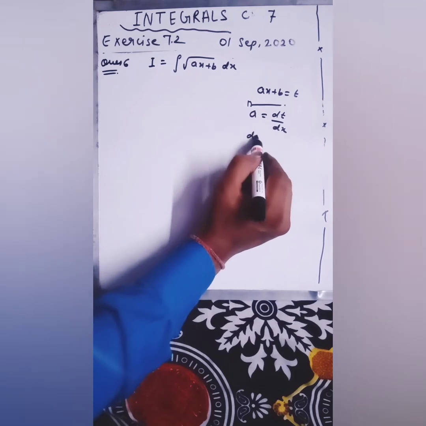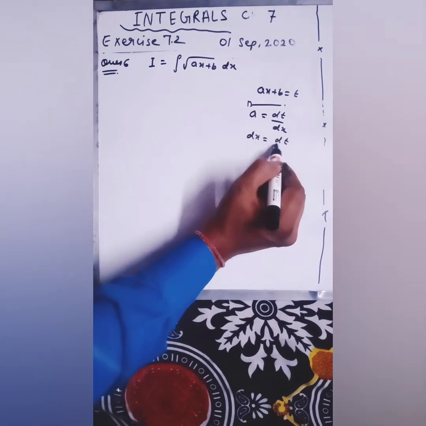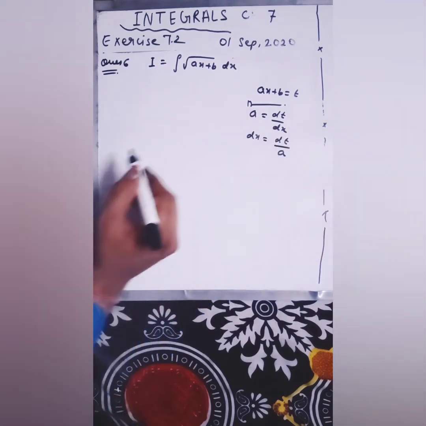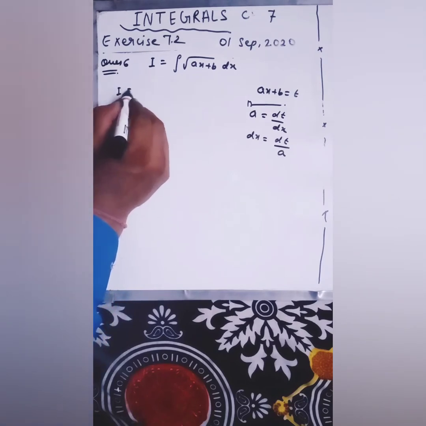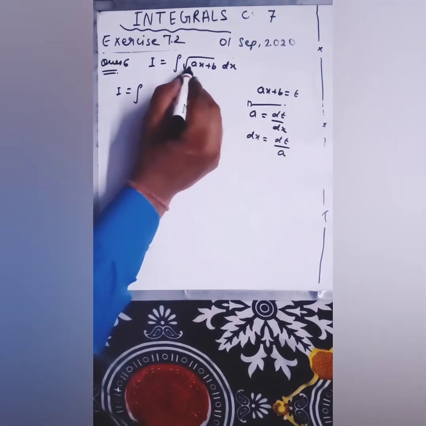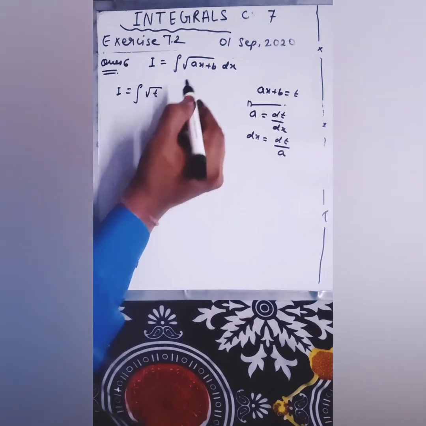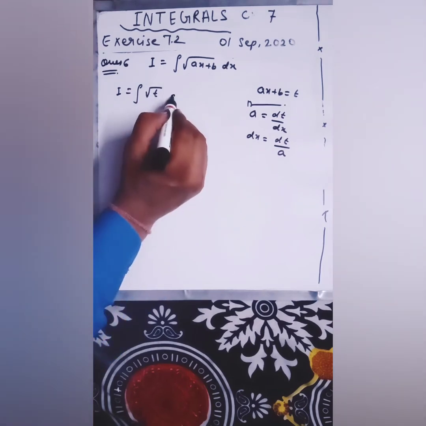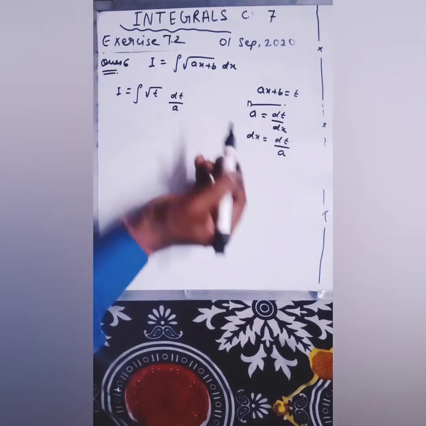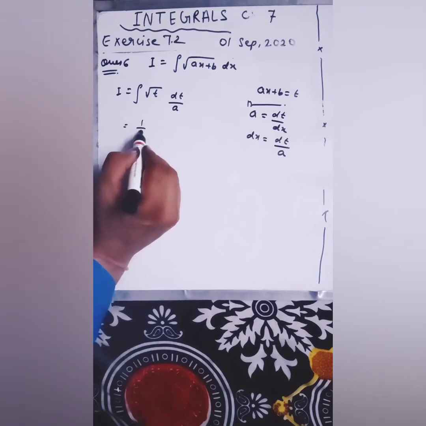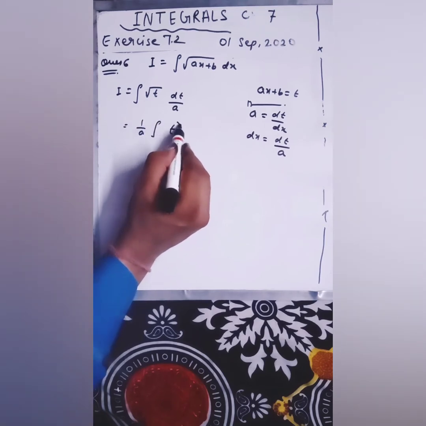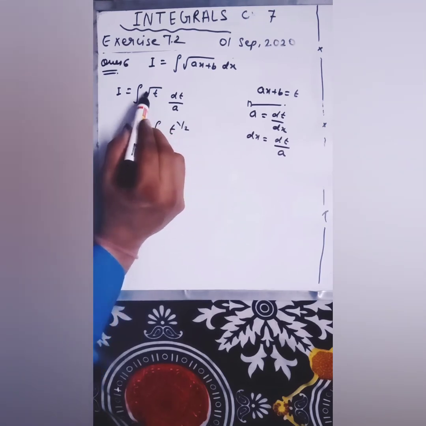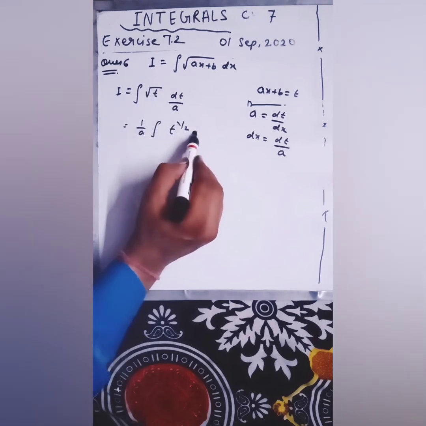So dx will come here and you will write dt by a. Fine. Now what you have to do, integration, this is your root t, and in place of dx you are writing dt by a. So 1 by a will come outside, and this is t to the 1 by 2, because root can be written as 1 by 2, into dt.